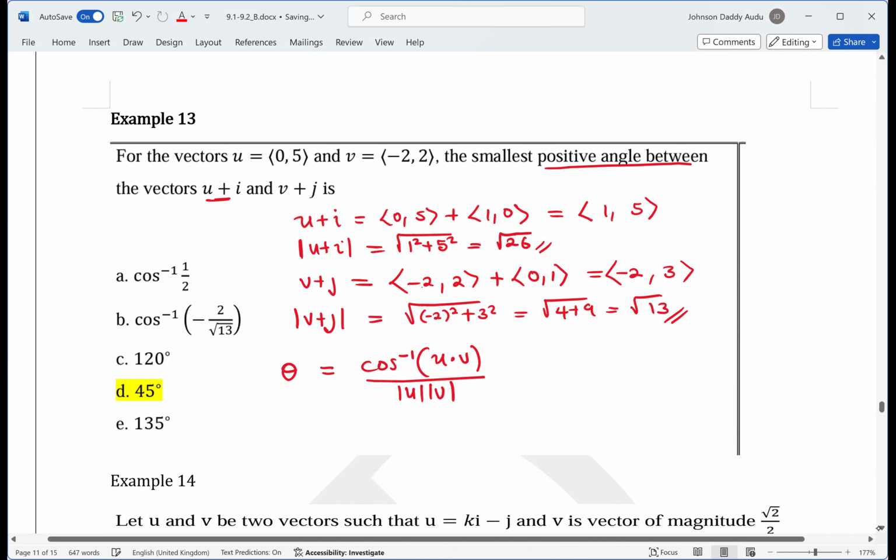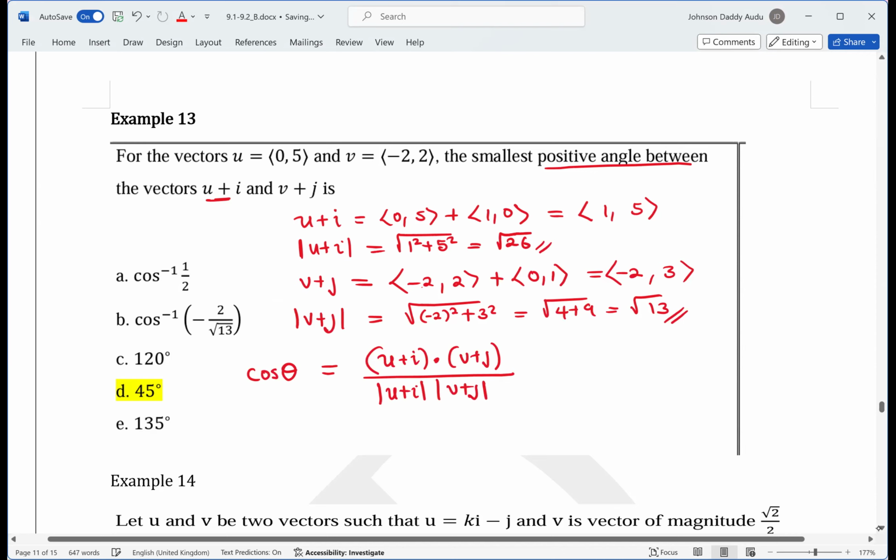So it's either you use this or you just start with cosine. So cosine theta is equal to what? U dot v, but now it's going to be u plus i dot v plus j, because these are the two vectors. Now you have to divide by the magnitude of u plus i and the magnitude of v plus j.